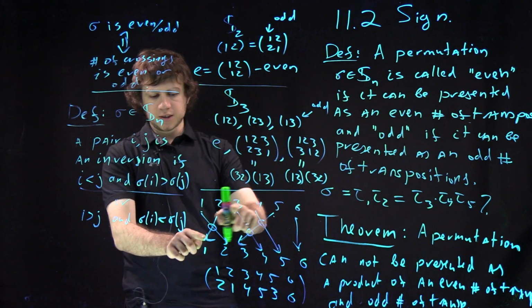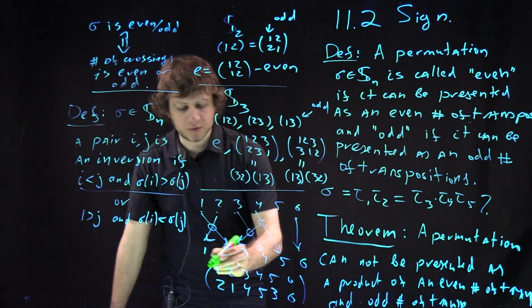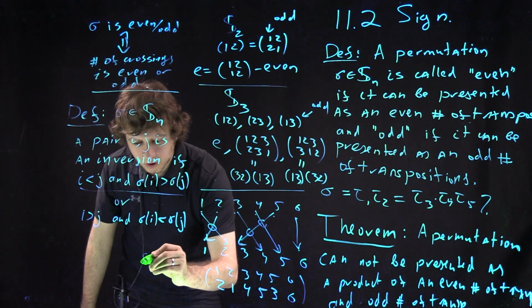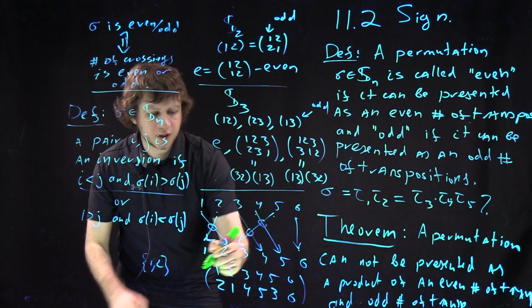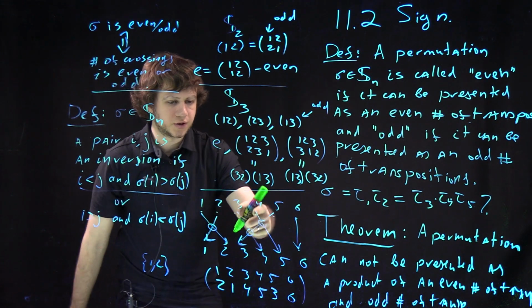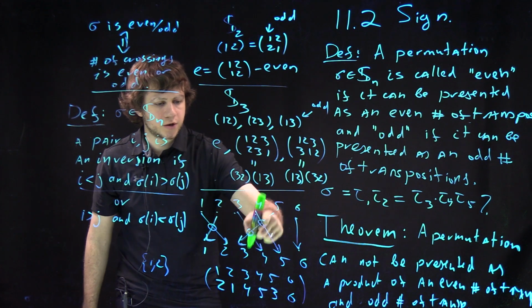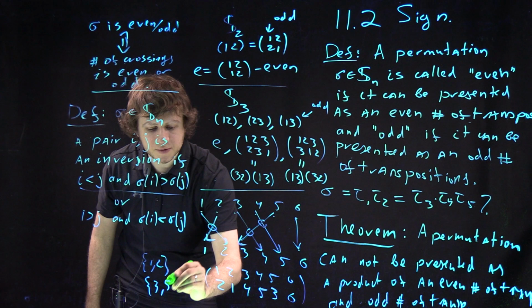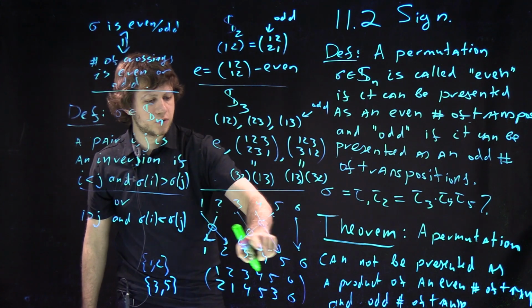So if you take this permutation, you see that pair 1, 2 is an inversion here because 1, 2 goes to 1 and their order is different. Then you know that 3, 5 is an inversion because 3 goes to something which is bigger than where 5 goes.